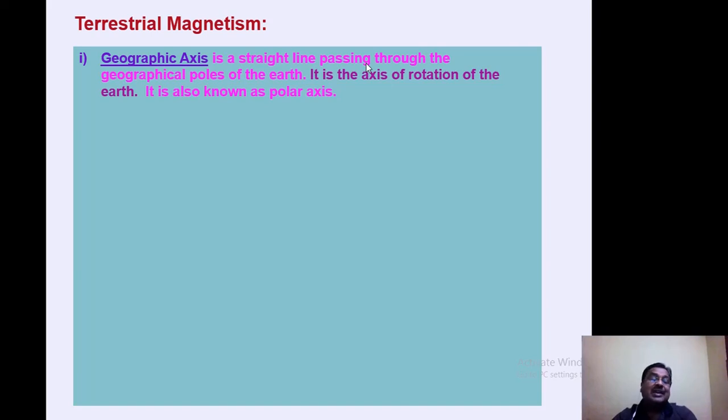So that magnetic field associated with the motion of the charged particle may be the reason of terrestrial magnetism or magnetism of earth. So these are different views regarding earth's magnetism.